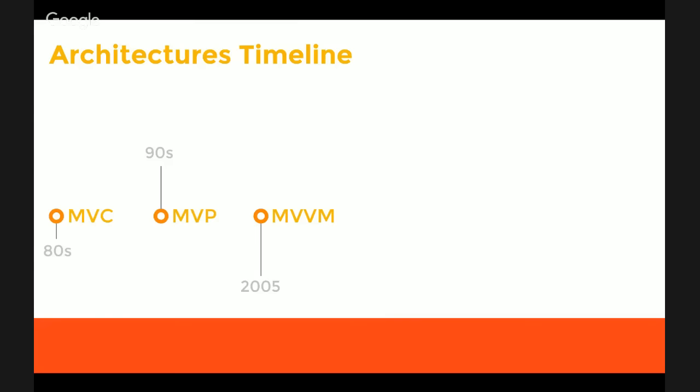In this case, the model is keeping the state for the whole application. And again, the presentation model is tied one-to-one with the view. It's interesting when you want to work on an application that runs on multiple targets, and you have to have quite good control on the views. And then in 2005, Microsoft changed a little bit the way MVP was approached, creating MVVM, which stands for Model View View Model.